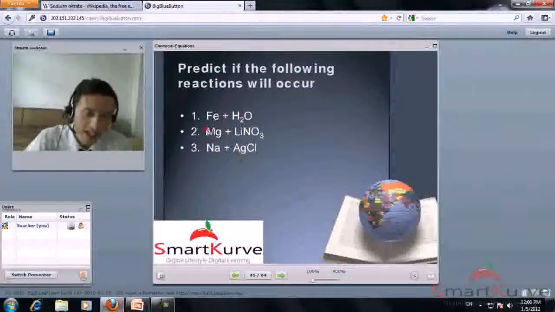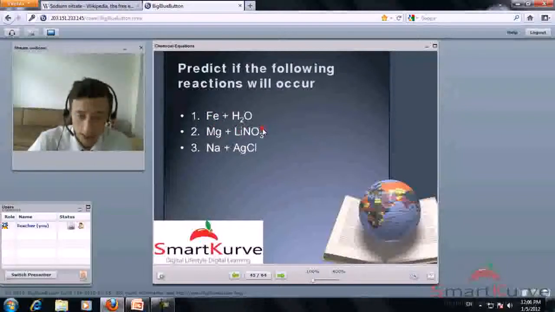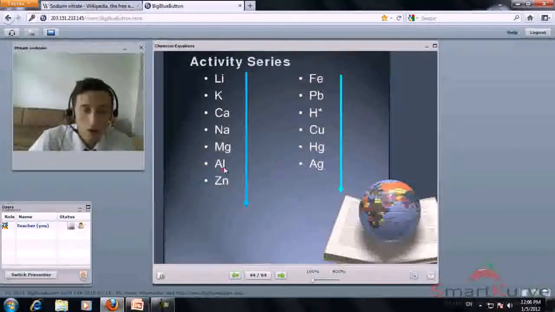Let's move on and look at the next one. We've got magnesium plus lithium nitrate. Well, look, remember the magnesium replaced the zinc and the silver because it is higher in the series. It's more reactive.